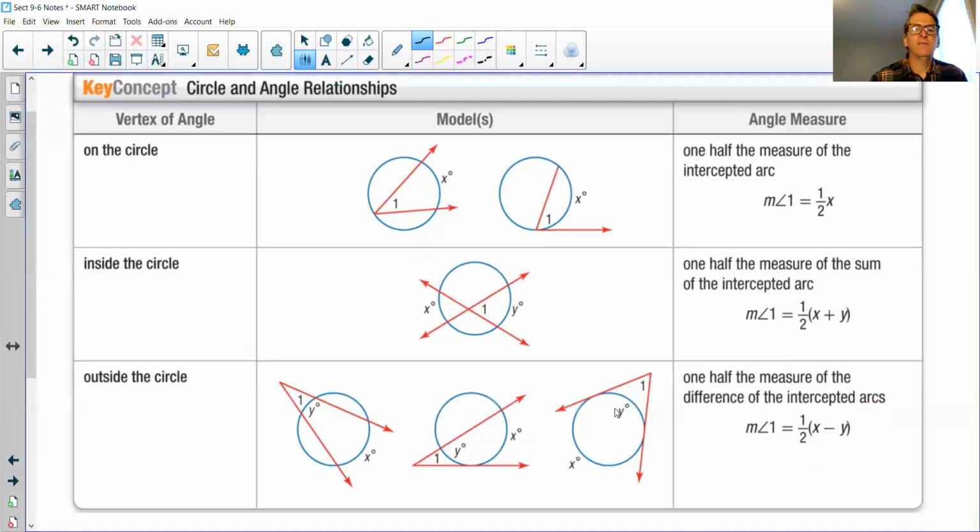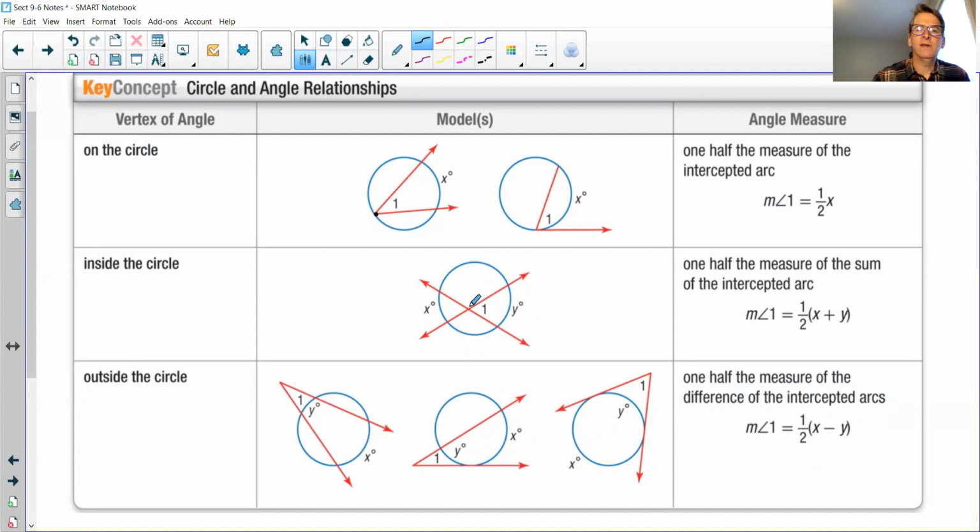And the last one in this little chart for you is outside of the circle. If you have an angle measure, you can see that you have 1/2 the measure of the difference of the intercepted arcs. So again, this is 1/2 the measure if it's on the circle. Take a look.